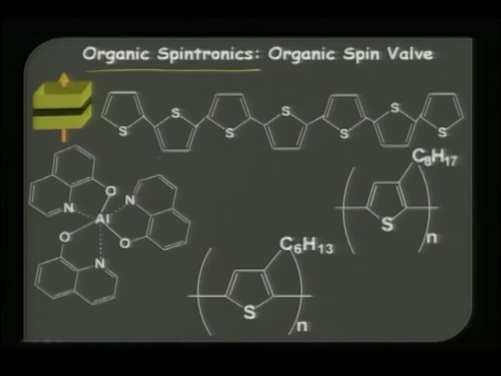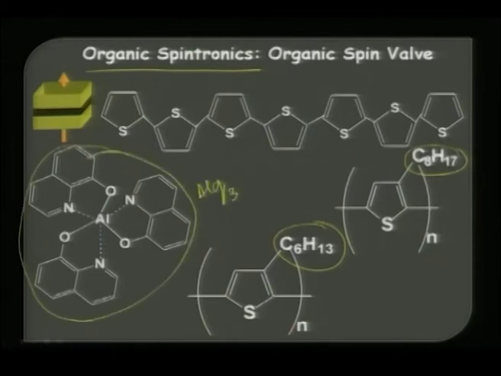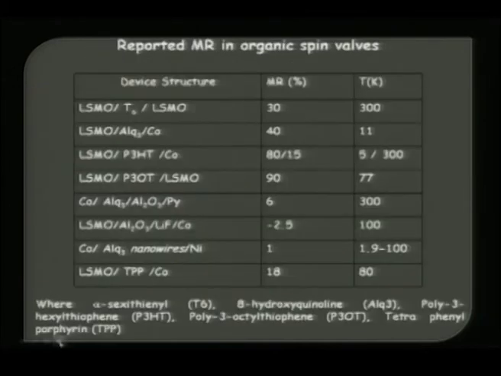This is sexithiophene, which is used here, and you also have thiophene molecules substituted with this sort of substituents, which makes it more interesting. Or you can also use the well known AlQ3, which can act as a very good organic insulator in these TMR devices, where organic spintronics can be demonstrated.